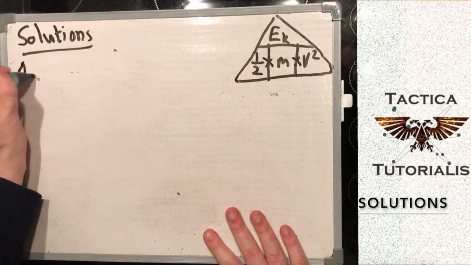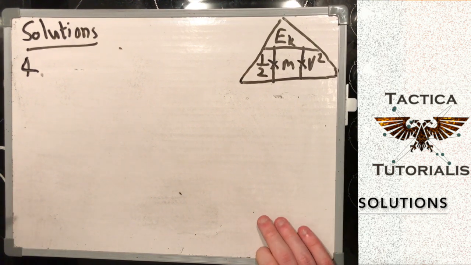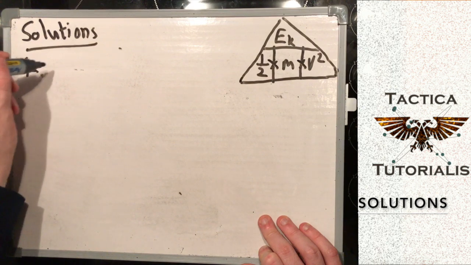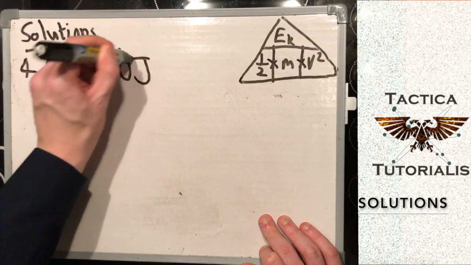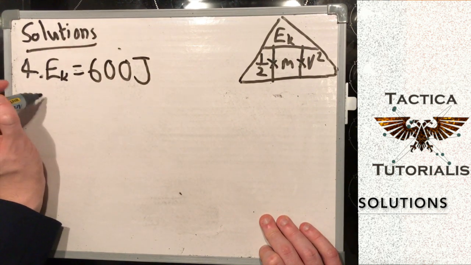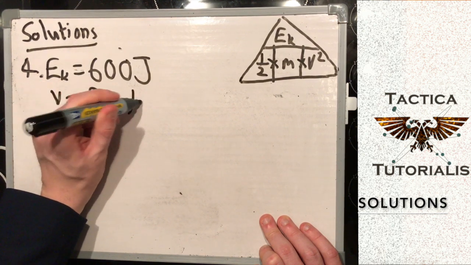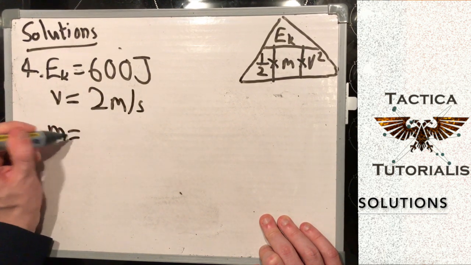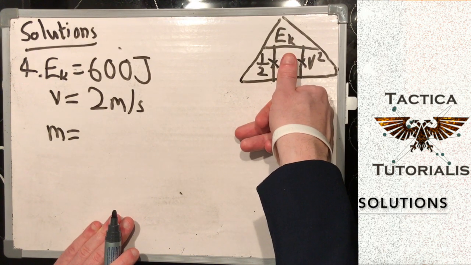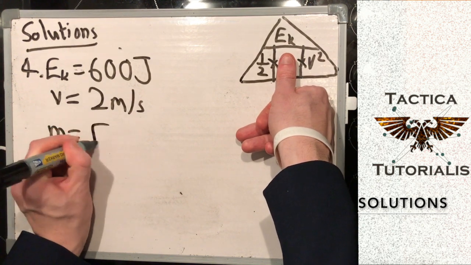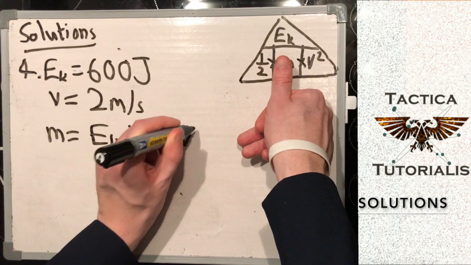Question 4 says you have a boulder rolling down a hill from stationary and gaining 600 joules of kinetic energy, and it reaches a speed of 2 meters per second, and you need to find the mass. So we go back to the triangle, cover over M for a second, and it tells us I need to do EK divided by a half V squared.